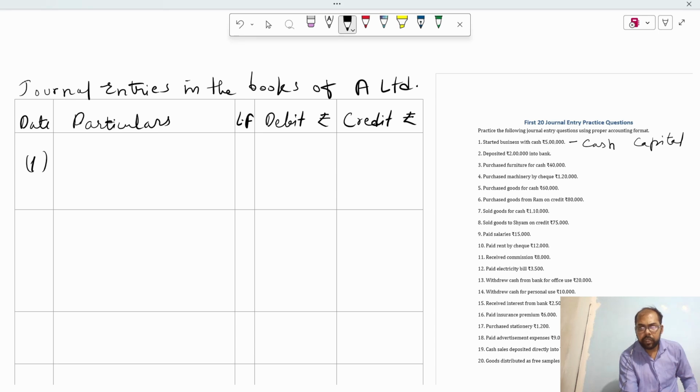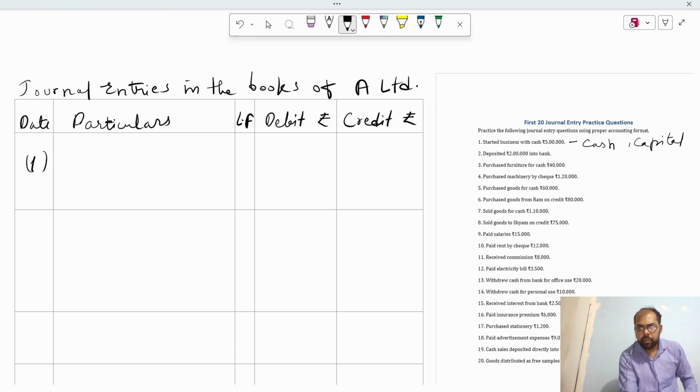Now let me make you understand how I have arrived at these two classifications. We are introducing cash into our business. And we know that the cash introduced by the owner is capital, or an internal liability for the business.